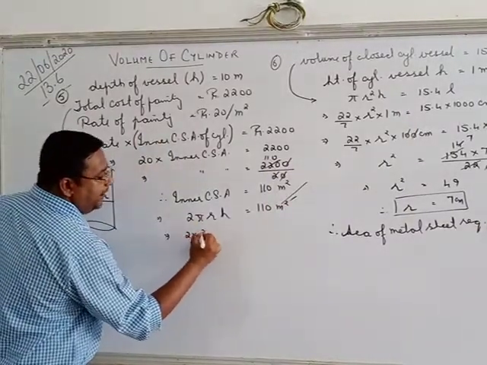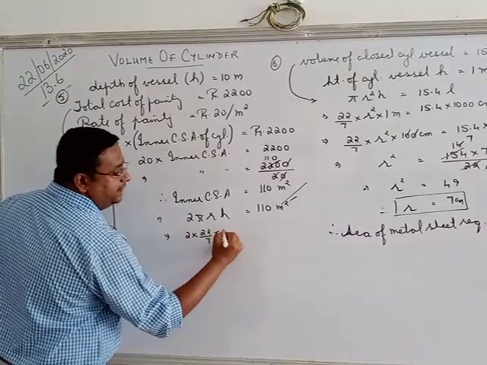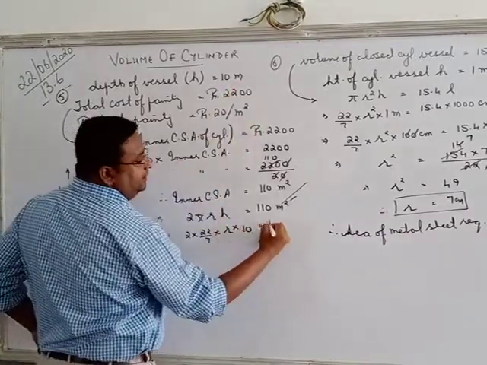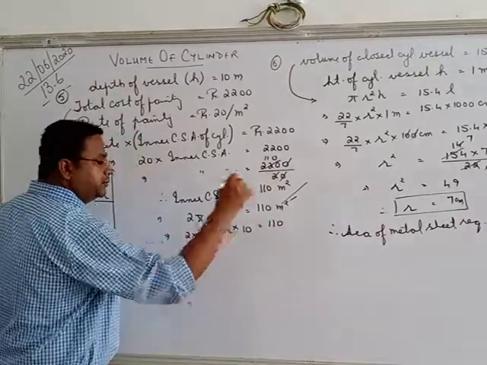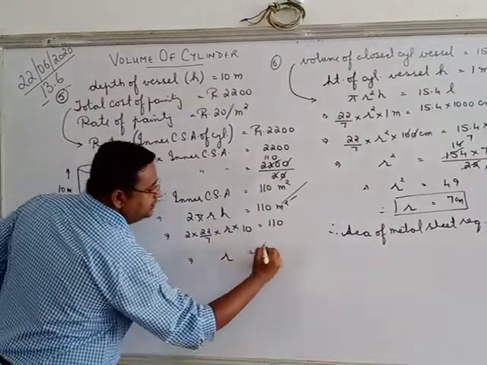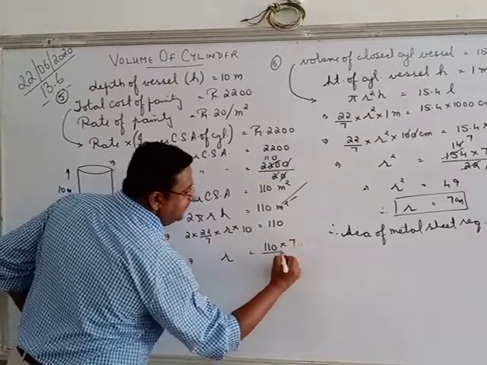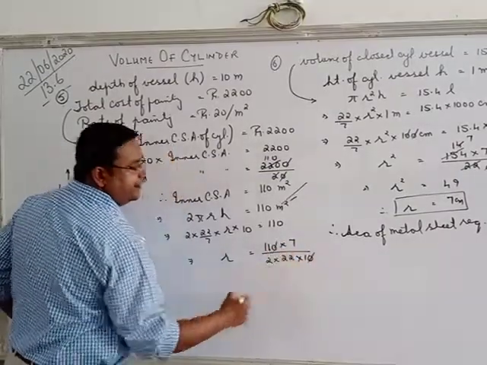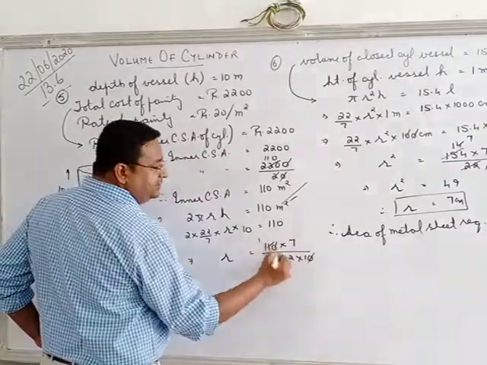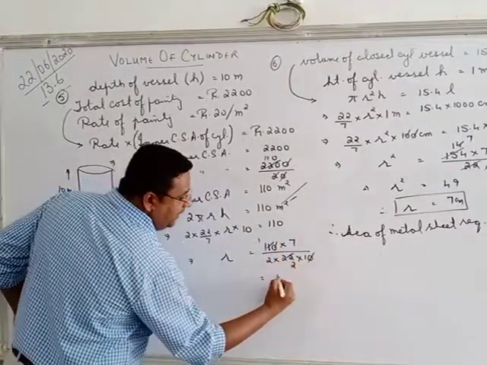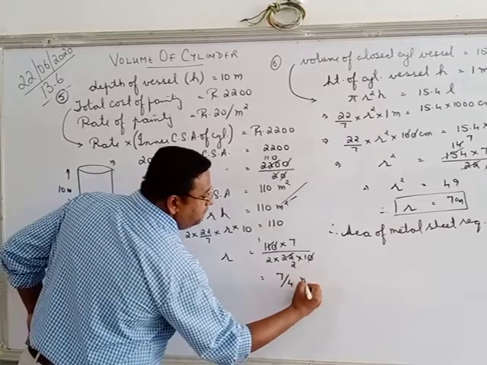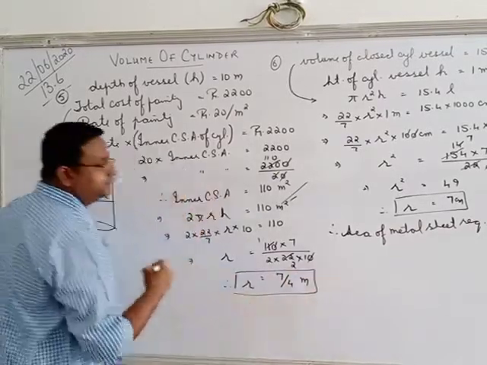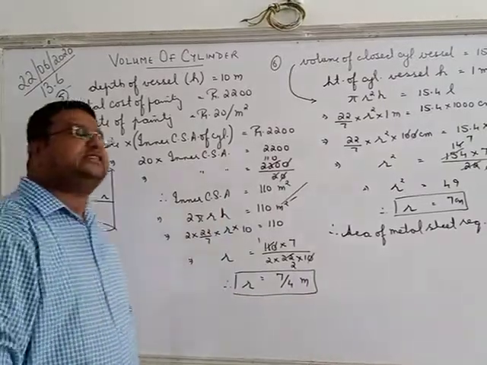Substitute 2 into pi, 22 by 7, r we have to find, h is given to us, 10, and 110. Transpose the terms. So r is equal to 110 into 7 upon 2 into 22 into 10. 0 and 0 cancel. 11 ones are 11, 11 twos are 22. What do I get? 7 upon 4 meter. No need to convert it into decimal. Let it be.